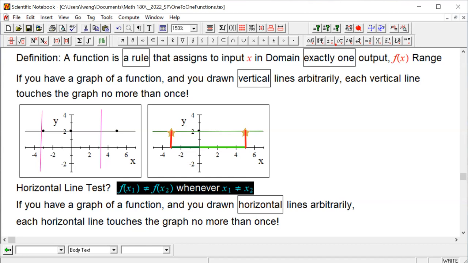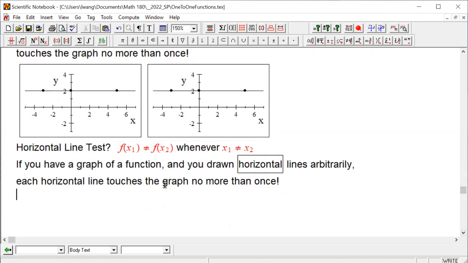Okay, so let's do a little summary before we go further. We talked about one-to-one function, and we also talked about the graph. You only consider whether a function is one-to-one if you have decided it is a function.